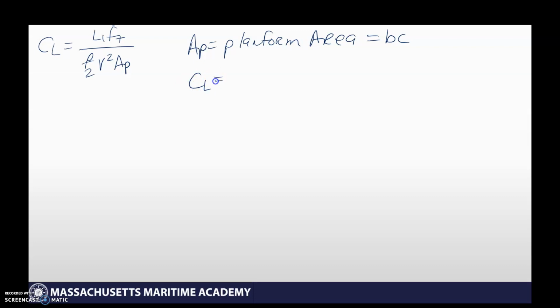Now, coefficient of lift is a function of a lot of things. The big ones being shape, once again, Reynolds number, Mach number, Froude number, epsilon over L, and alpha. So the difference for this one is really the inclusion of alpha, and we'll talk about that here in a second.